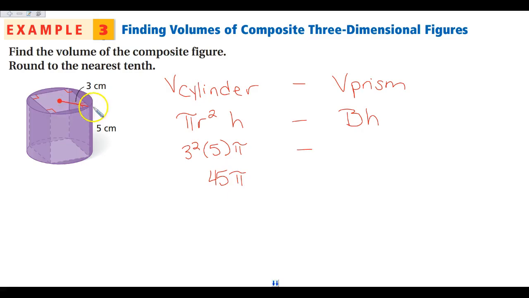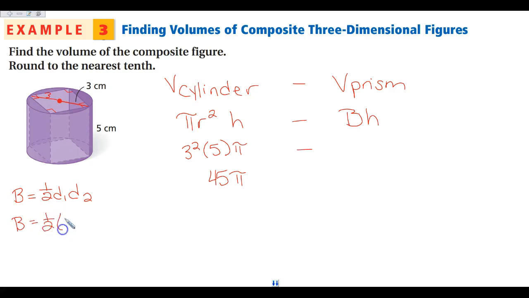Now, area of the base. Notice that this base is a square, and we're given the radius, okay? It's a square because it's in a circle, okay? It has to be equally spaced. So for my area of the base, I'm given part of the diagonal. So I'm going to use 1/2 d1 d2. Okay, because I know that if this is 3, then this is also 3, so my whole diagonal is 6.